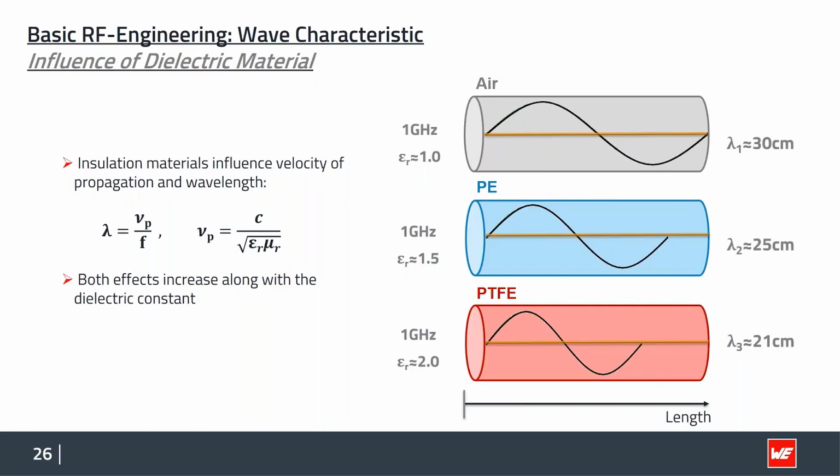If I now go to a different material, we will see the impact of the epsilon R, because if I say lambda is velocity of propagation divided by frequency, and the velocity of propagation is C divided by square root of epsilon R multiplied by mu R, I have here my material constant inside. And this means if I send my wave throughout a different material, I will change my wavelength.